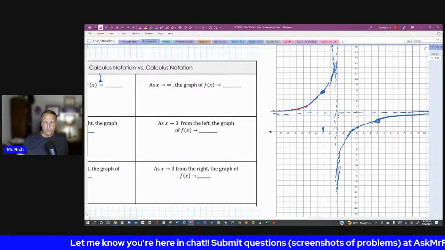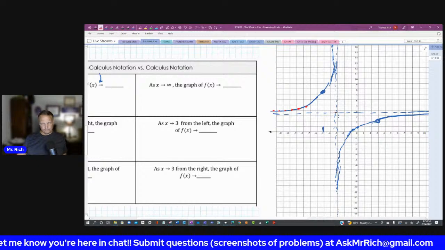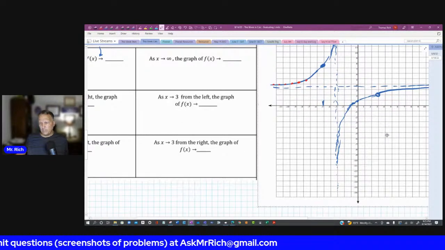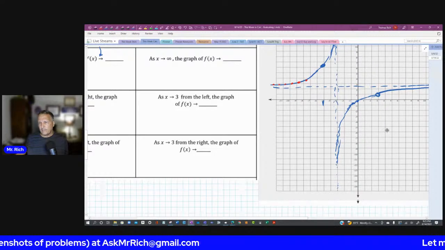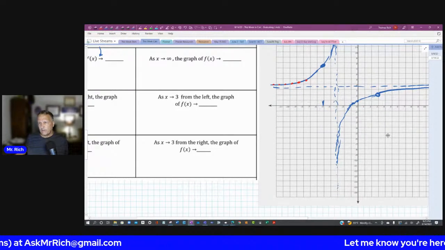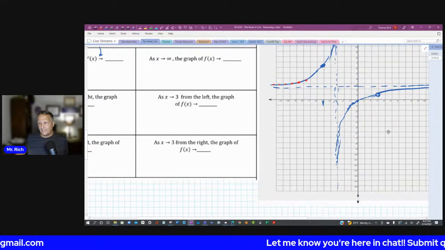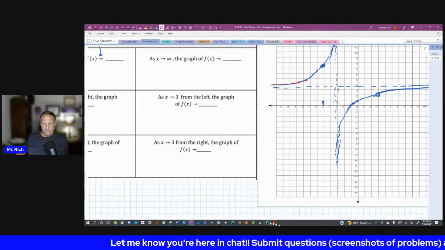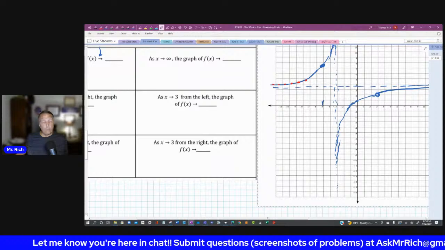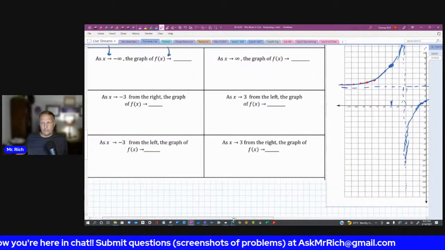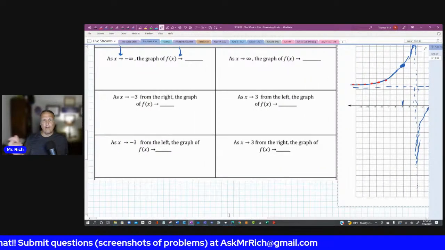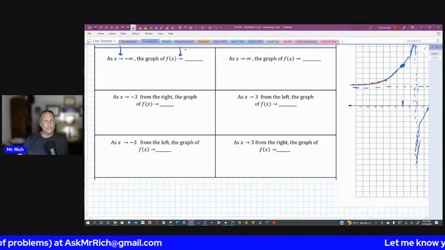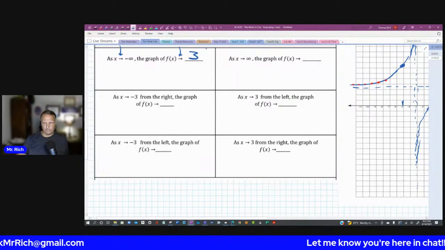And since there's a horizontal asymptote right here, and this is off just a bit, this is supposed to be at 3. See if I can get that to fall right on 3. I really can't. It's kind of in between. Okay. But we know that there's a horizontal asymptote at y equals 3. So that means that as you go further out left on the graph, the y values are all approaching a value of 3.